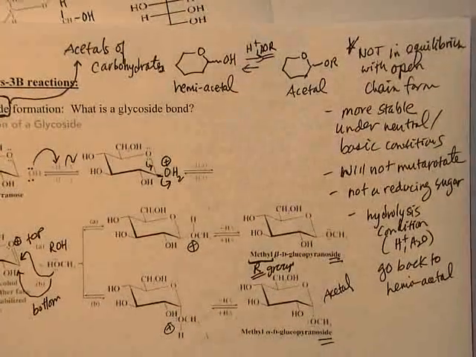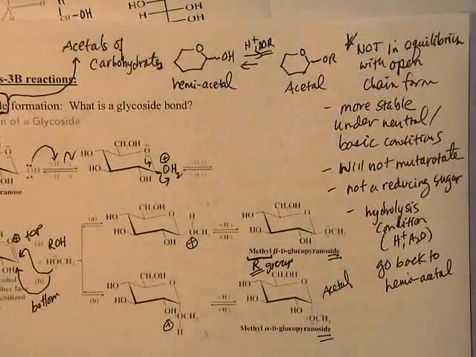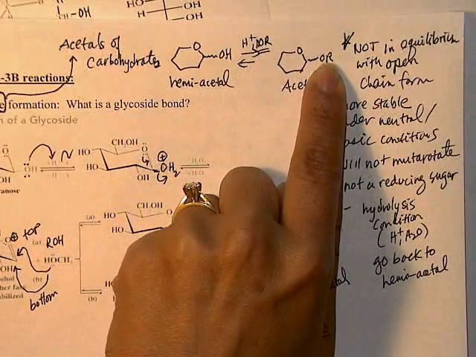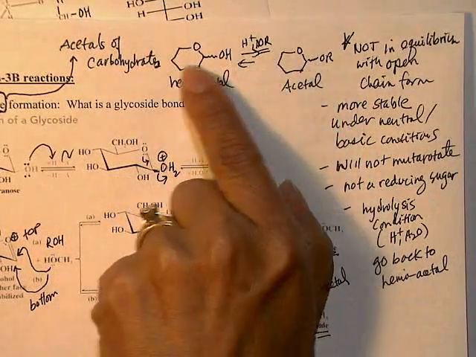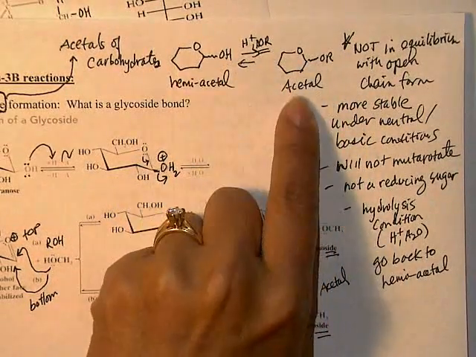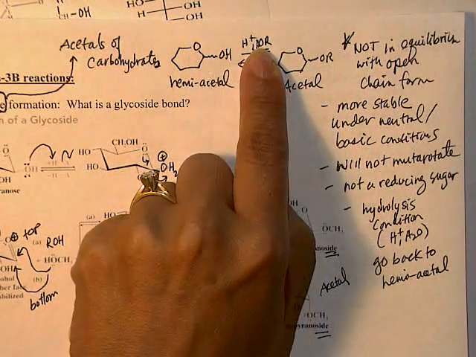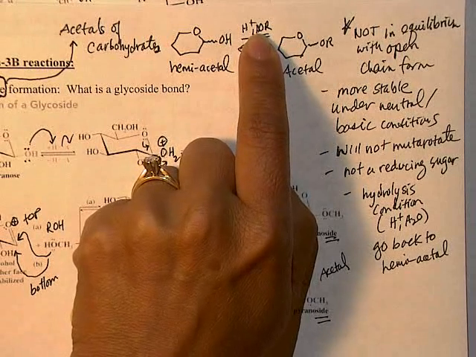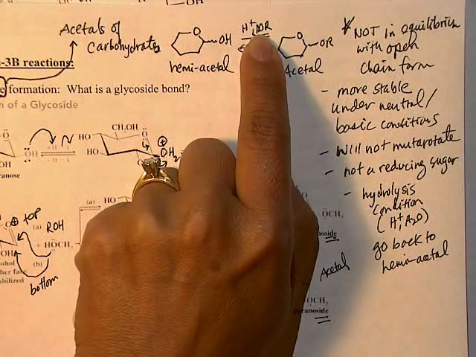Now we're going to use that same exact chemistry, in which an OR group is put onto a monosaccharide, giving it an acetal. Instead of using just a regular alcohol like methanol or ethanol, we're going to use another unit of a monosaccharide.